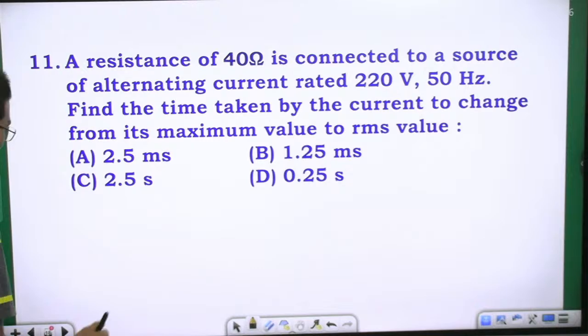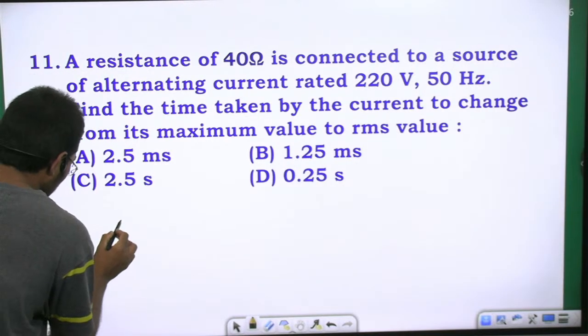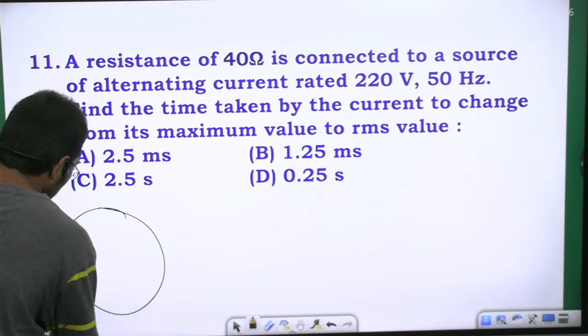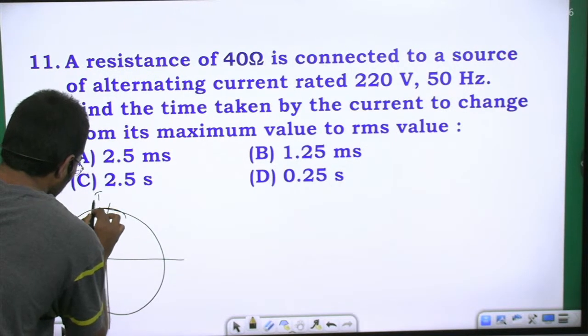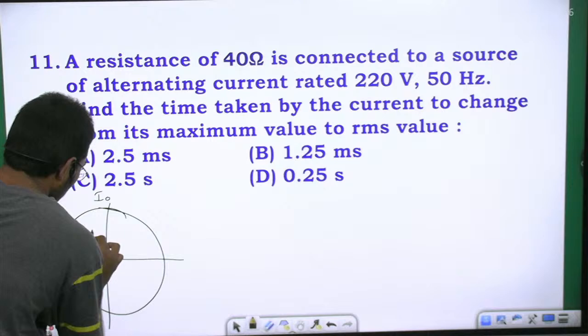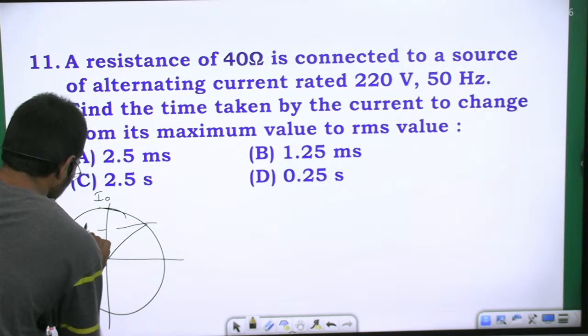See, if you try to look at the notation of IRMS, this is I naught. This is something as IRMS. That is I naught by root 2, right? IRMS.